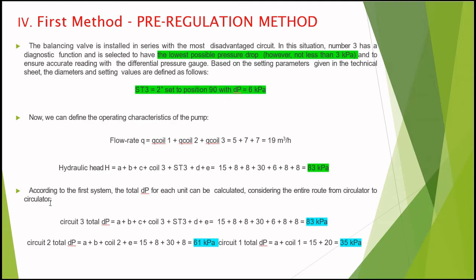Now, according to the first system, the total dP to each unit can be calculated considering the entire route from circulator to circulator. What does this mean?